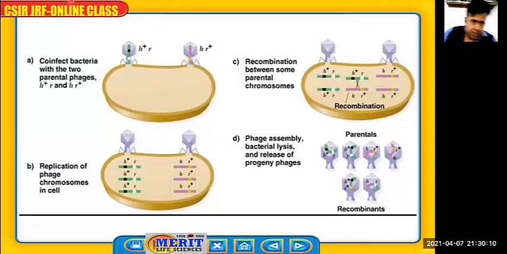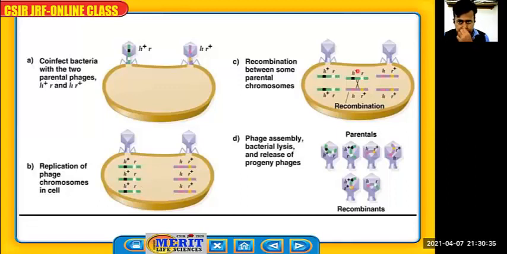So now what we are expecting is replication of the phage chromosome in the cell. So both genes will be inserted, right? Both genotypes, h plus r and h r plus. Then h plus r, h plus r replicates here, replication of the phage chromosome in the cell, and this h r plus, h r plus as well.